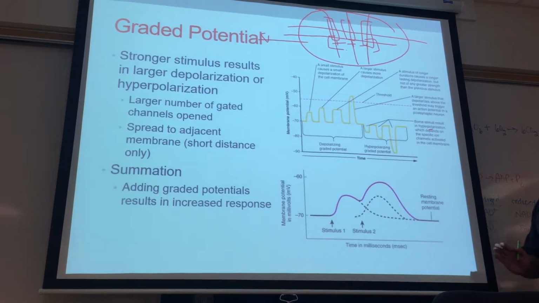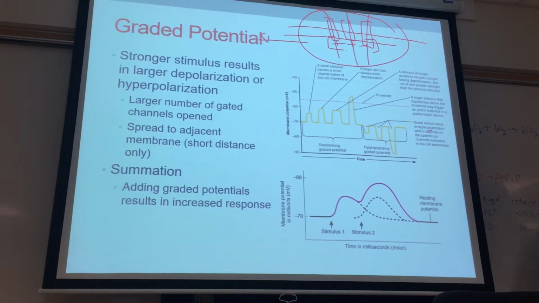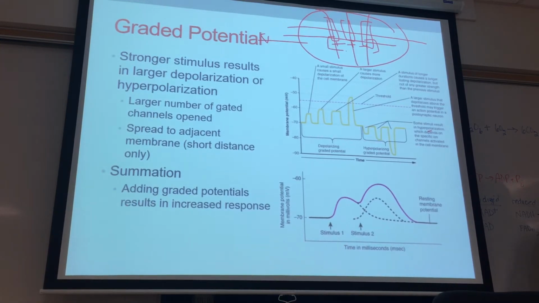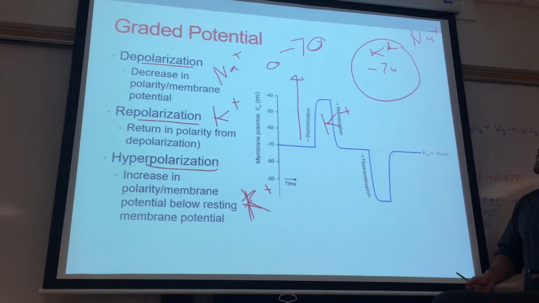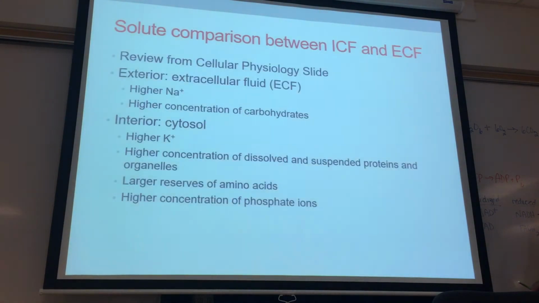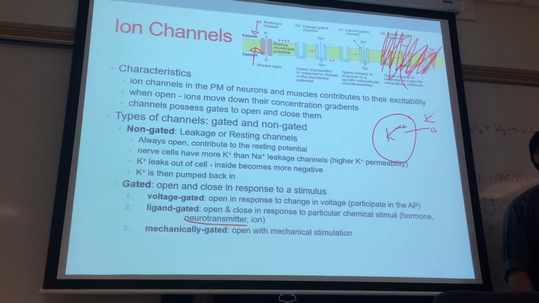So to help tie this in, what's causing those sodium channels to open, which we'll talk about at the end of Thursday's lecture, are the neurotransmitters that are binding. These are the ligands that are binding to these sodium channels, allowing them to open.